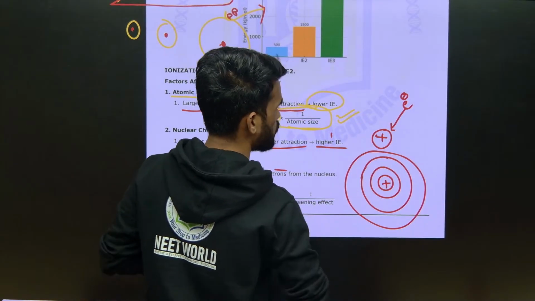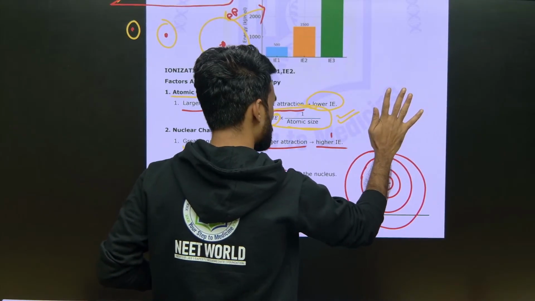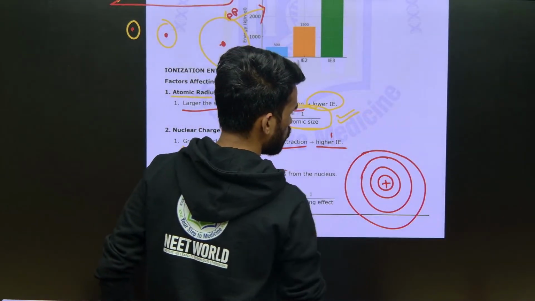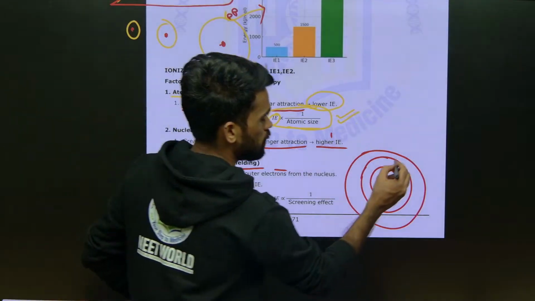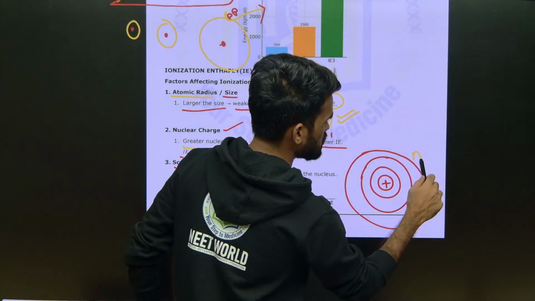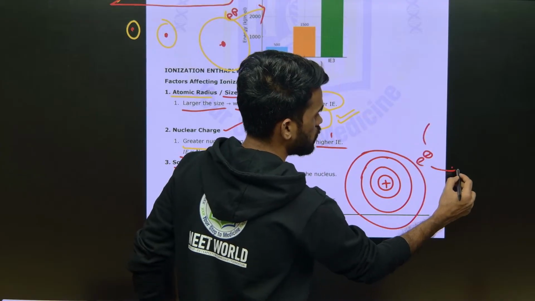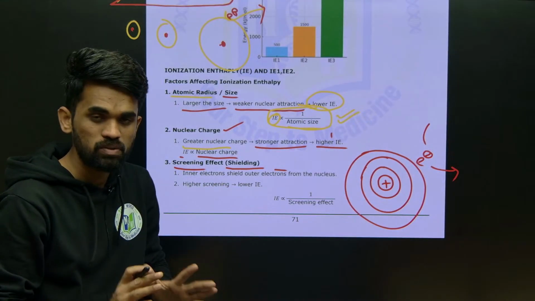We are representing orbits, shells, right now. Removal of an electron from this valence shell is called ionization energy, first ionization energy. If we remove this electron easily, it will have lower ionization energy.